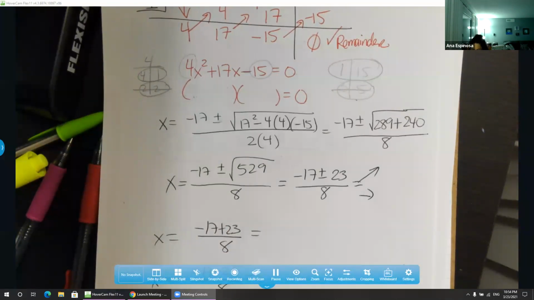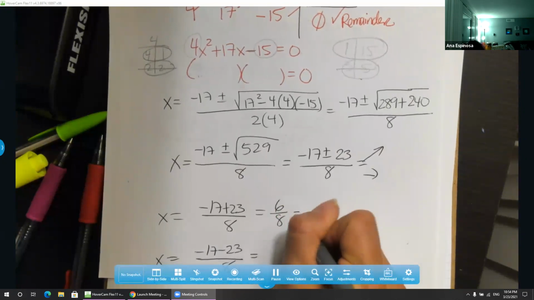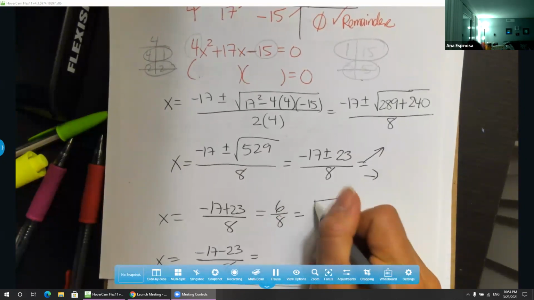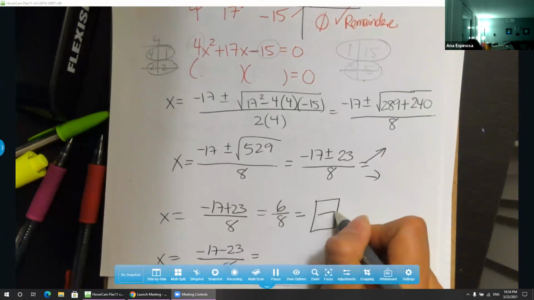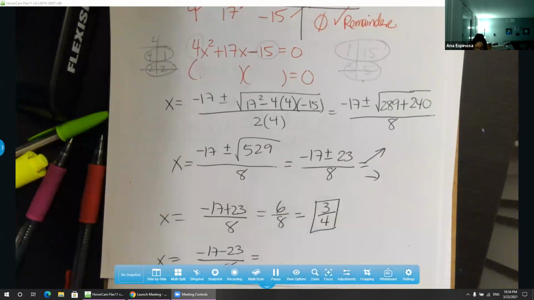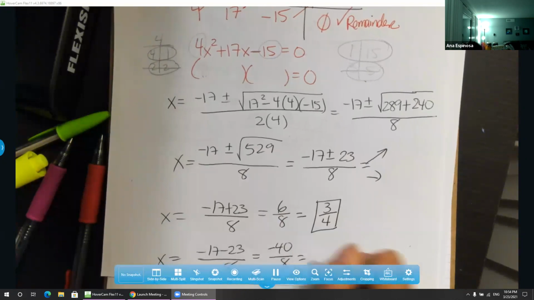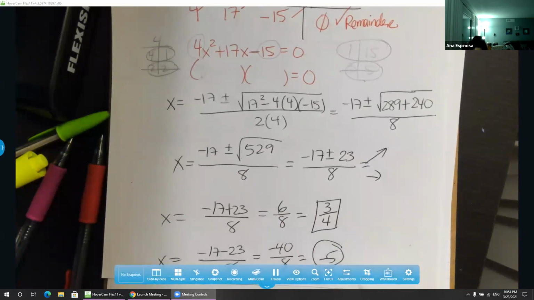Oh no. 23 minus 17 divided by 8. And again, don't do decimals, do fractions, just reduce. I'm going to cut that in half. 3, cut that in half, 3/4. The other one is adding these numbers, negative 4, 8, negative 5.